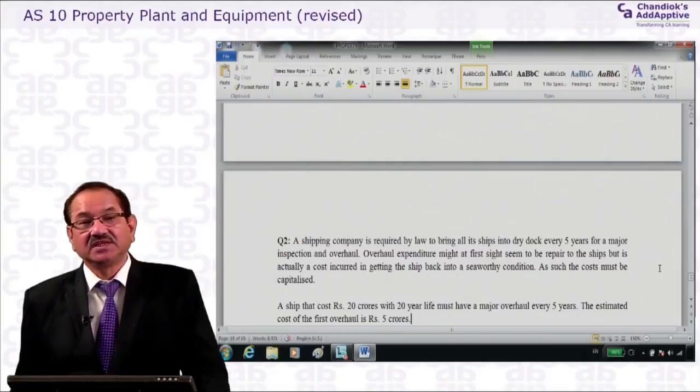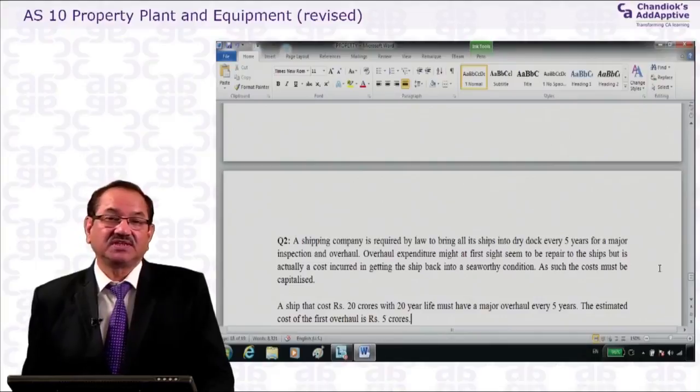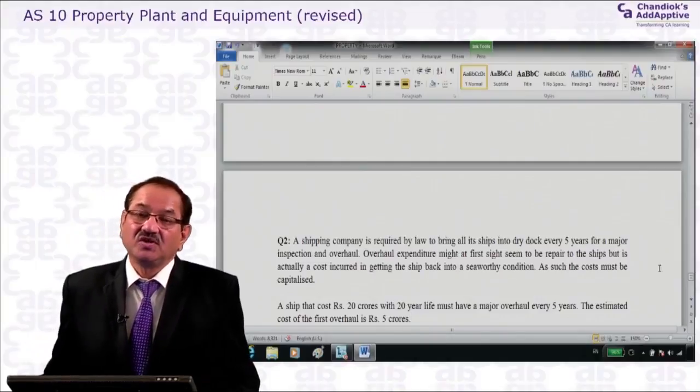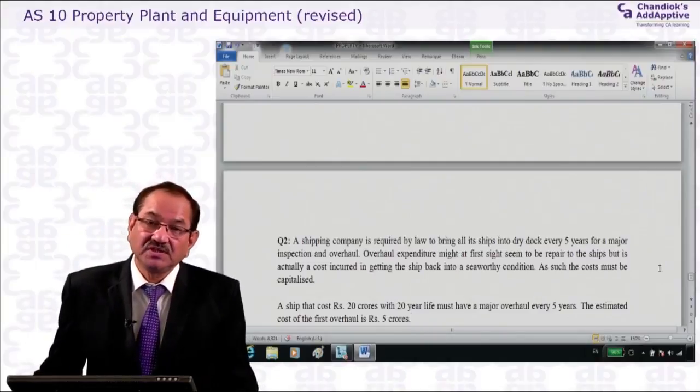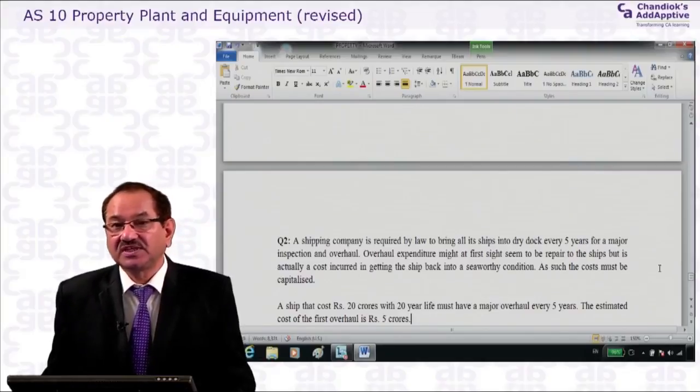In between there is an 8 mark question on Ind AS, and there are some questions based on financial instruments. There were questions this time also on the guidance note on derivatives, a 4 mark question on the guidance notes.